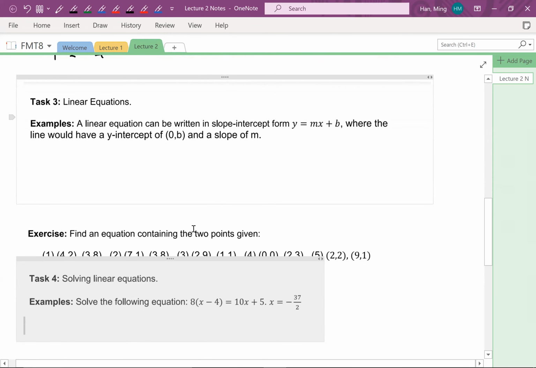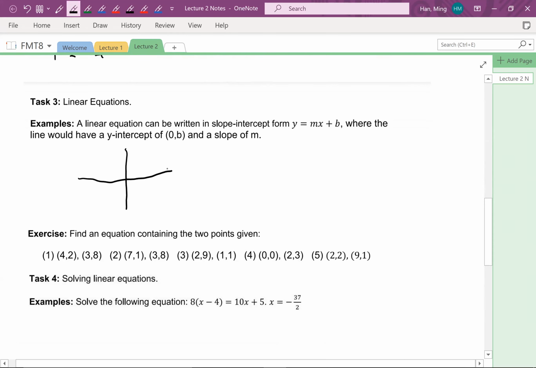So, like I said before, if we had a coordinate plane, and we have the equation, say y equals mx plus b, we would know that we have a y-intercept of 0, b. The y-intercept is just where the line crosses the y-axis.